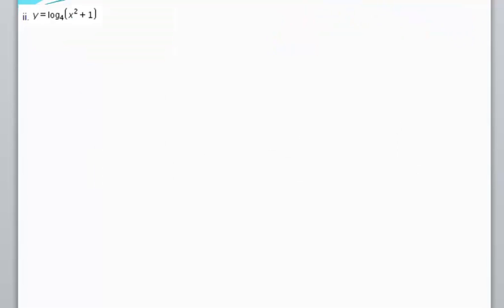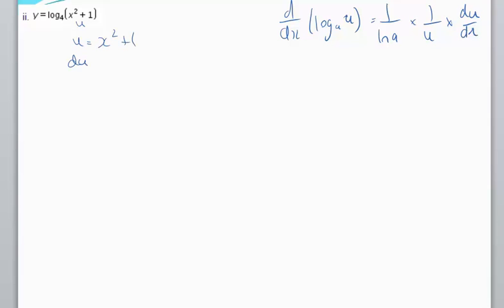So moving to number 2. We start again by writing out our formula. d on dx of log a of u is 1 on natural logarithm of a times 1 on u times du on dx. And now we're saying, well, here's our u. u is equal to x squared plus 1, du on dx is 2x.